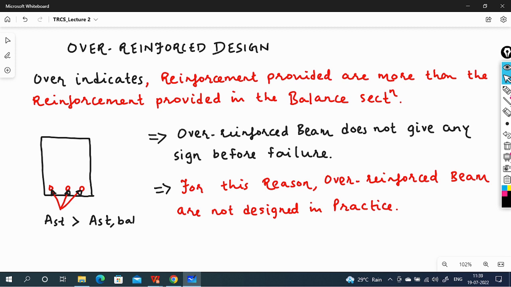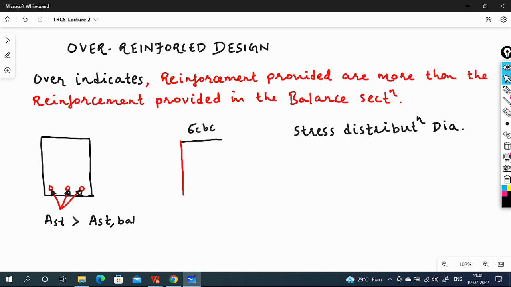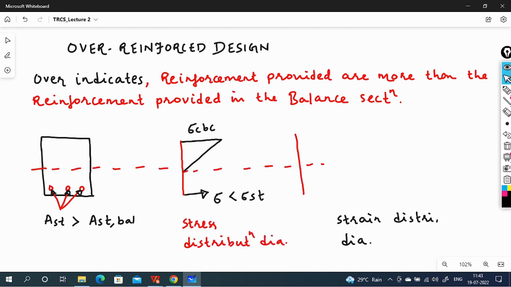Okay, so you see the stress distribution diagram of over reinforced design. Here sigma CBC will reach first, the permissible stress in the concrete will reach first, then there will be stress in the steel also, but it will be less than sigma ST at the time when you have sigma CBC. Okay, so we also have to see the strain distribution diagram.